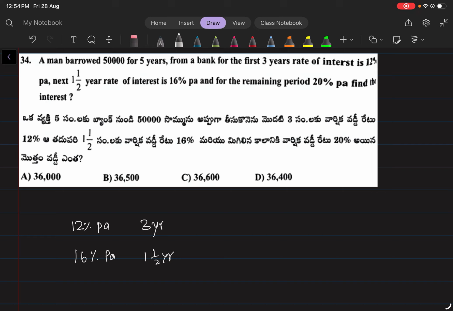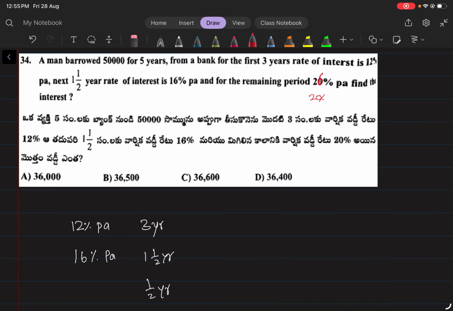For half a year, it should be 26%. Then only we'll get the answer. Even with 20% we can calculate, but we'll get a different answer.